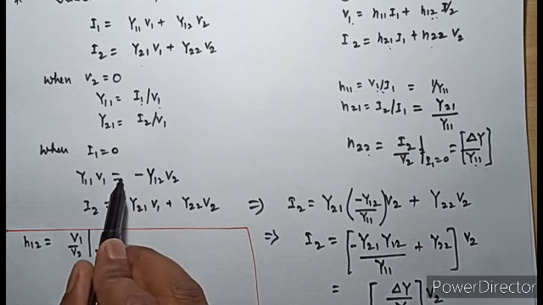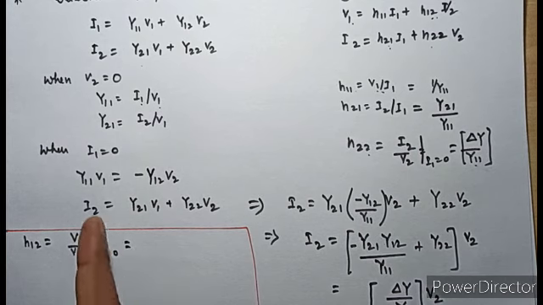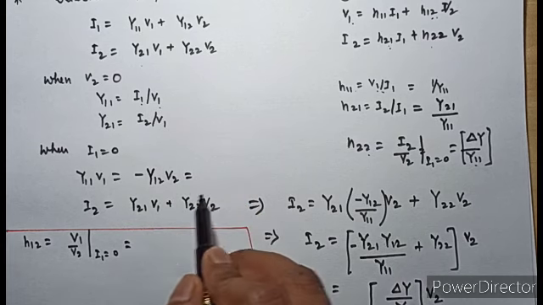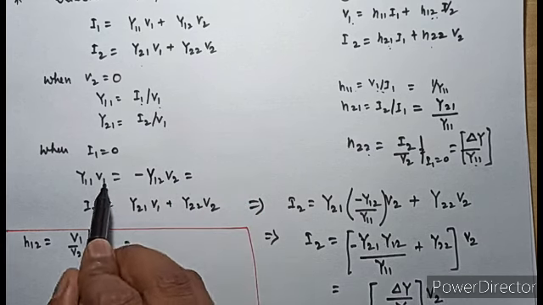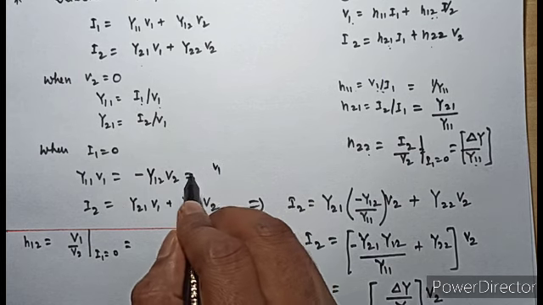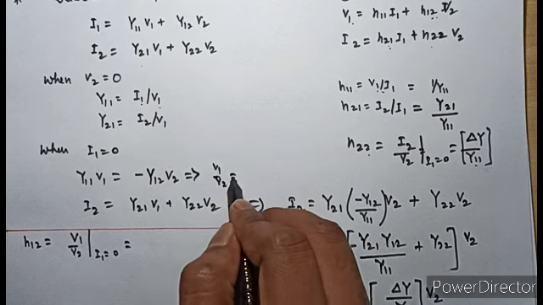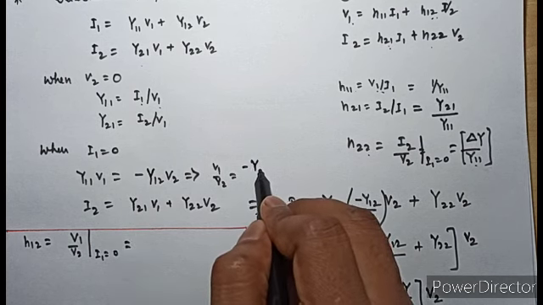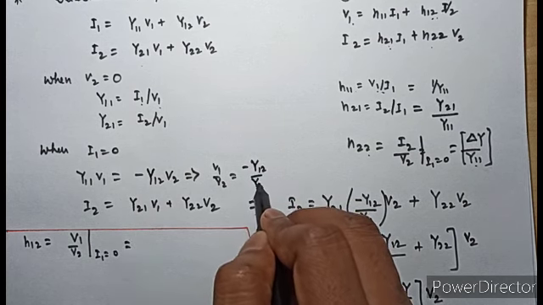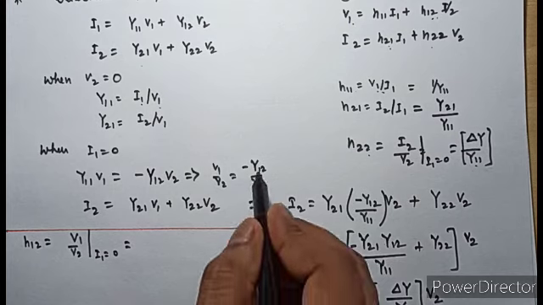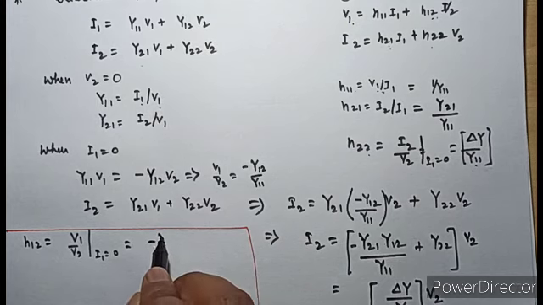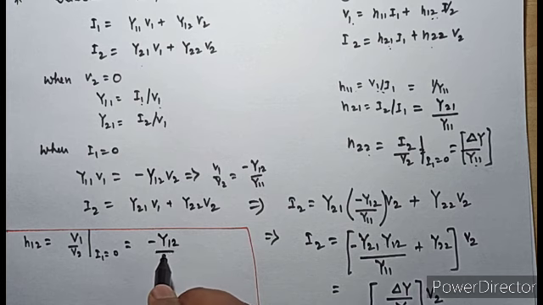And see, from this equation we got when I1 is 0, V1 by V2 will be minus y12 by y11. So putting this value here, this H12 will be minus of y12 by y11.